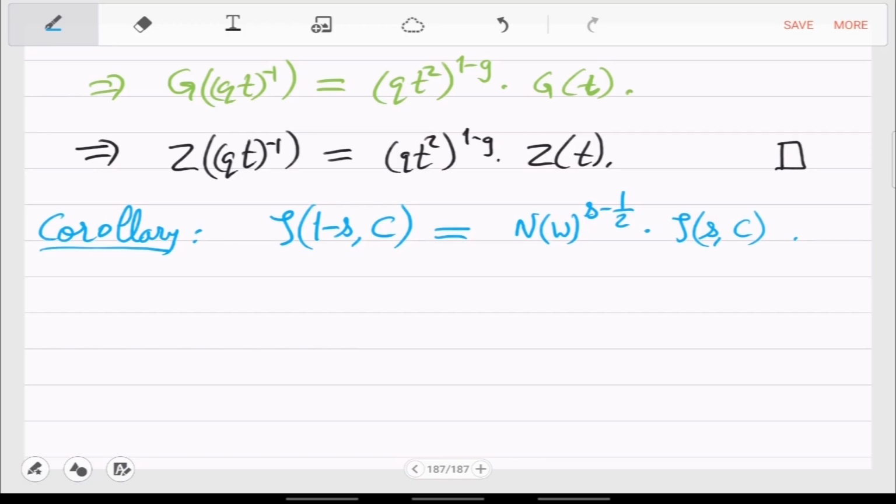You can check that instead of t, if you use q raised to minus s, you get this relationship where s goes to 1 minus s, and then you are just multiplying by the norm of the canonical class raised to s minus half. So at s equal to half, these two things are obviously equal. And then you can see that there is this symmetry around s equal to half.